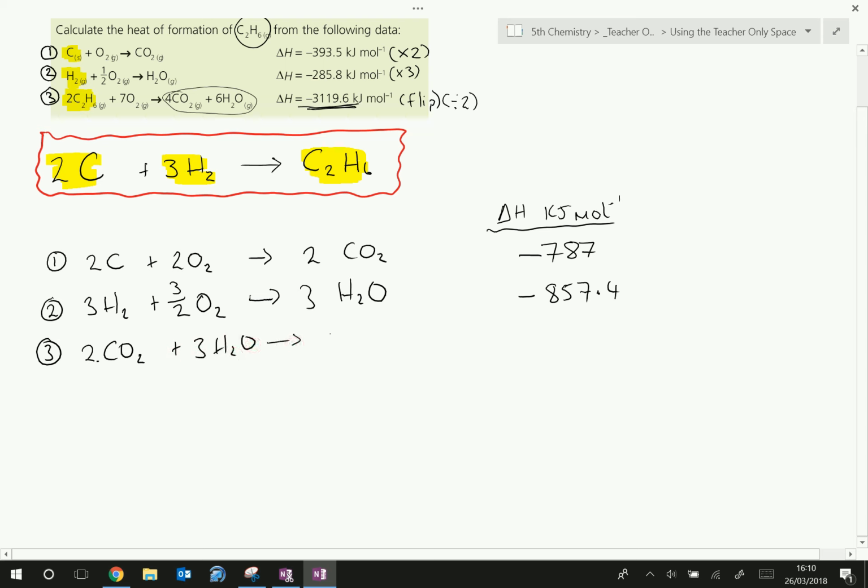That will give me C2H6 and 7 over 2, because I have to half it, O2s. Okay, so that's that flipped and divided by 2. So what I have to do with my delta H now is I have to change the sign to a positive, so a positive 3119.6, and divide that by 2. And that will give me plus 1559.8.